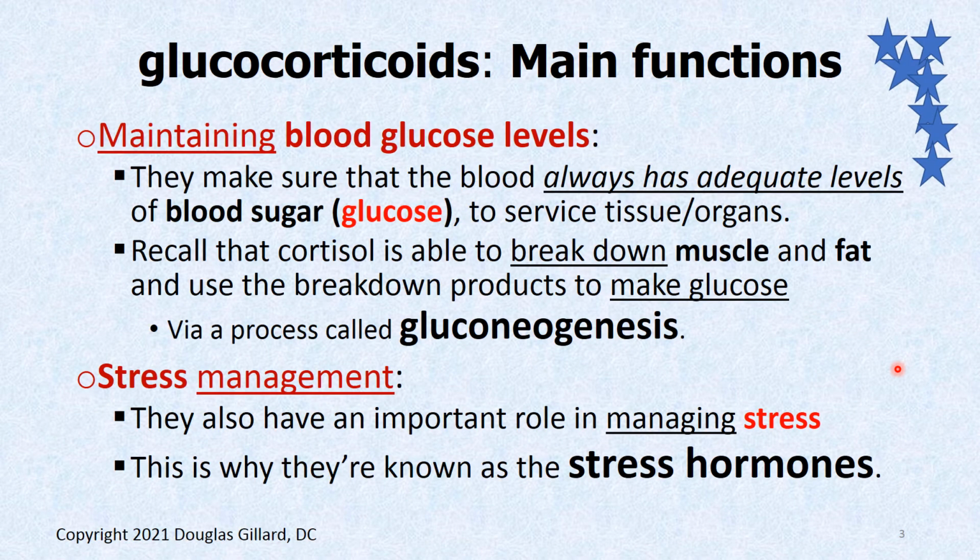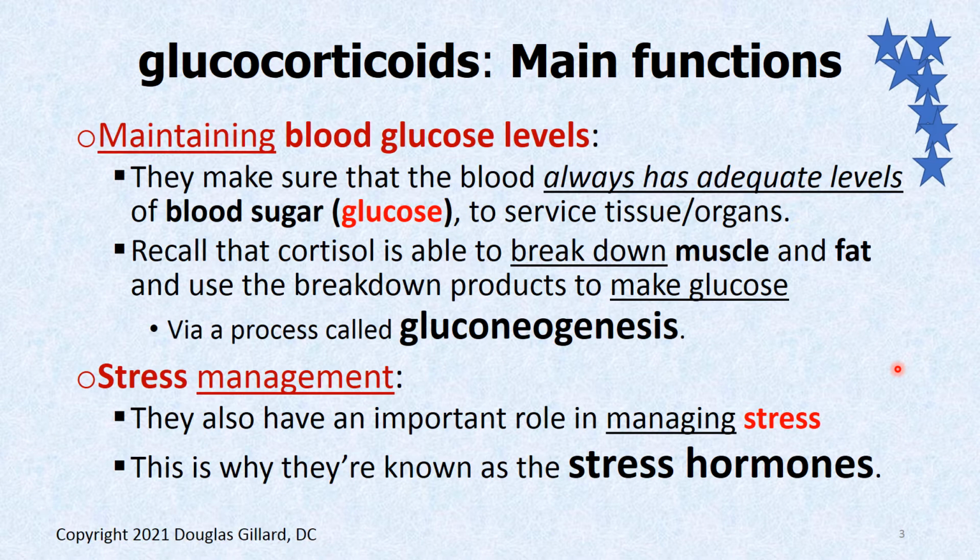Glucocorticoids, what is the function of these? And we're really talking about who? Cortisol is the main glucocorticoid that comes out of the zona fasciculata of the adrenal gland. That's really who we're talking about. What's its job? Its job is to maintain blood glucose levels. Some cells, like brain cells, need glucose all the time.